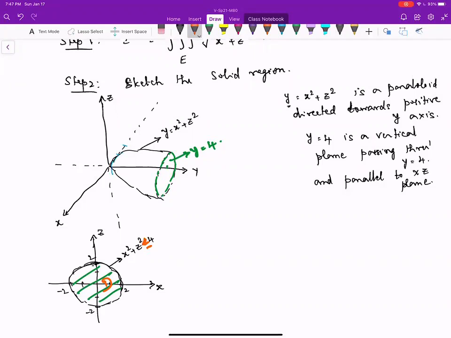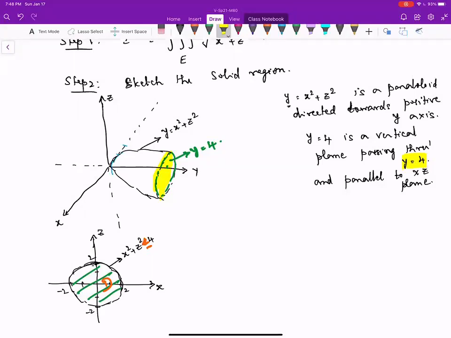It is directed towards the y-axis because y is isolated, and it's a circular paraboloid. The mouth of the paraboloid is opening to the side towards the y-axis, and it is intercepted by the plane y equals 4. So this is a solid.